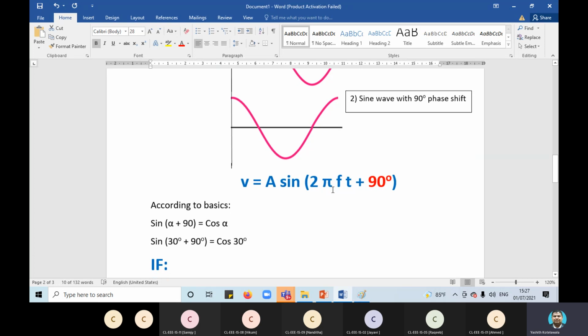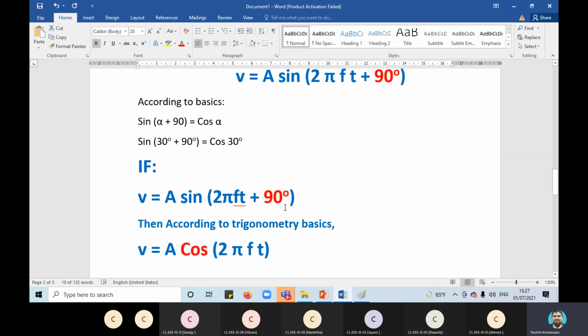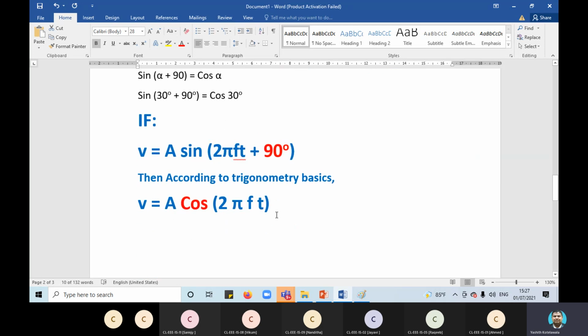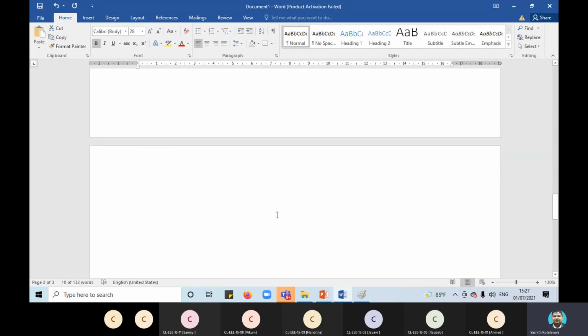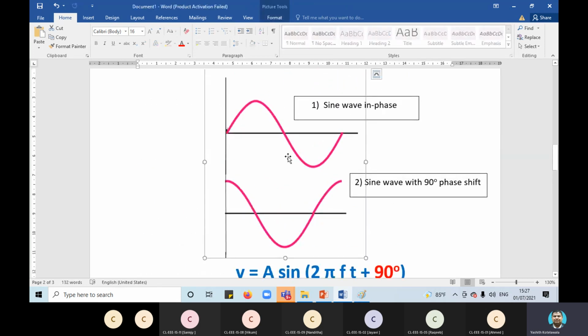So then what you get is 2 phi ft plus 0. End of the day, A sine 2 phi ft. When you have a phase shift, 2 phi ft plus 90 becomes cos. So sine becomes cos. Then you get A cos 2 phi ft. Okay, so let me take this picture.